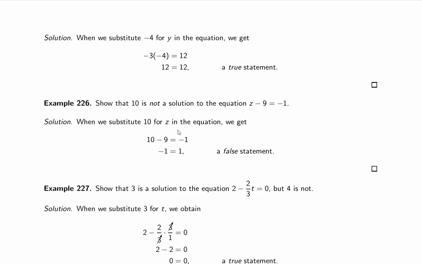After the substitution, we're getting 1 equals negative 1, which is false. So 10 doesn't work, so 10 is not a solution. I guess if you try 8, then it works. So the solution is 8, just by looking.